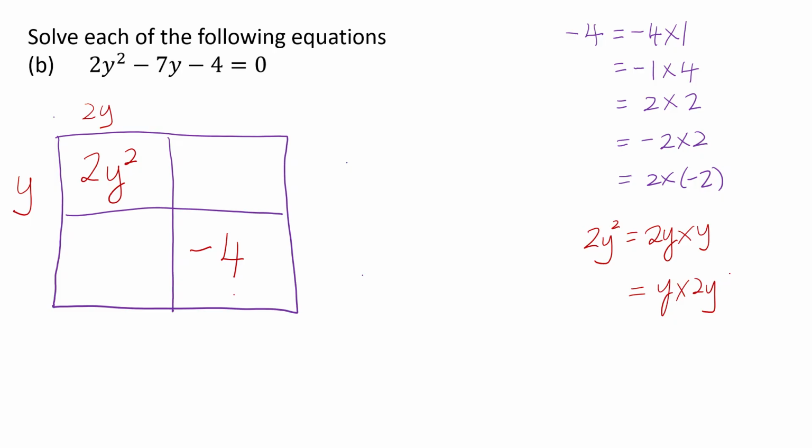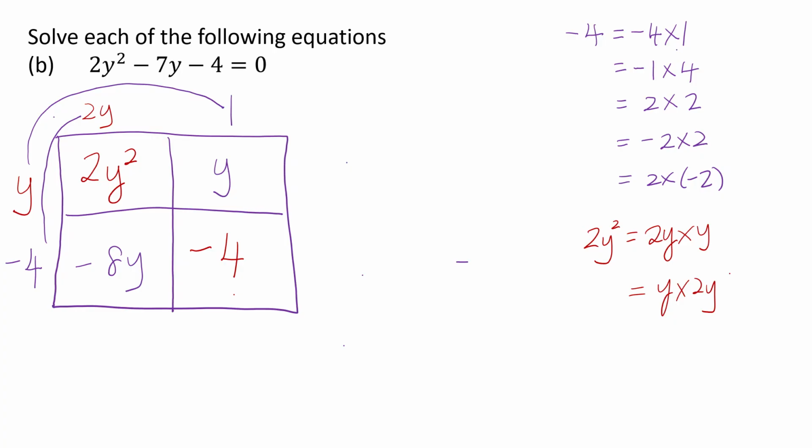Then the next thing is negative 4. You can rewrite it as negative 4 times 1. So I'm just going to put negative 4 here and then 1. To get this box here, just take y times 1, that gives you y. And to get this box here, negative 4 times 2y gives you negative 8y.